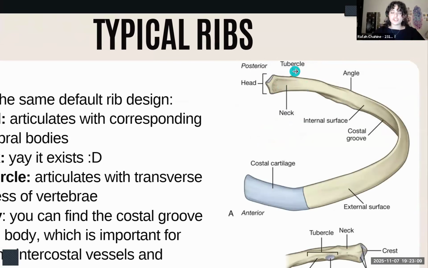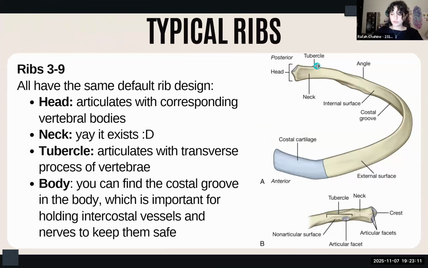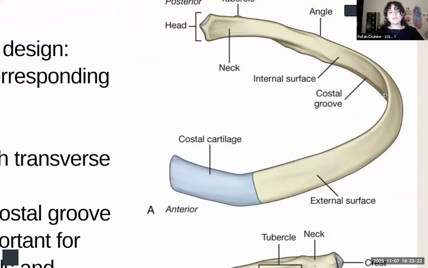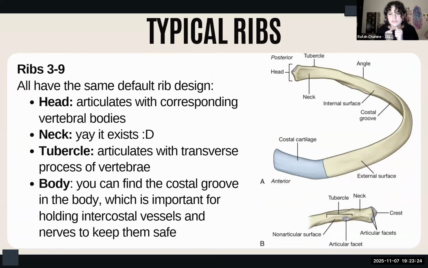They have tubercles, which attach to the transverse processes of the vertebrae, which we're going to see later on. They have bodies, which form the angle of the ribs and provide us with this costal groove right here, which is a thinner segment of the rib. That is where the arteries and the veins are all going to rest and snuggle up against each other to stay safe. And that is the typical rib design. Those are ribs 3 to 9. Are we clear?